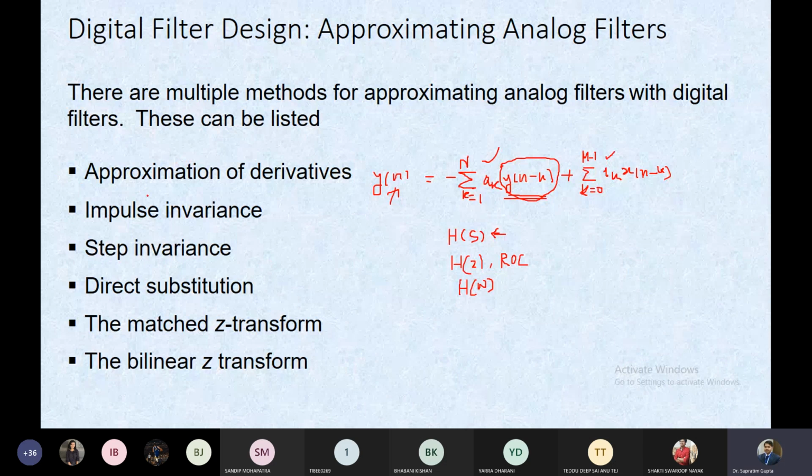There are several methods: approximations of derivatives, impulse invariance, step invariance, direct substitution, the matched Z transform, and the bilinear Z transform. Mostly we can use this one, because it has the property that it will always produce a stable digital filter from a stable analog filter.